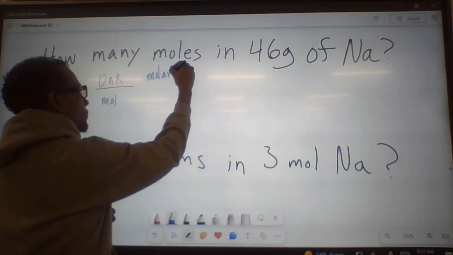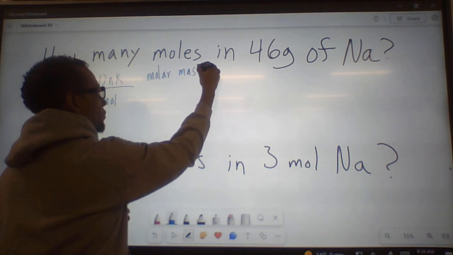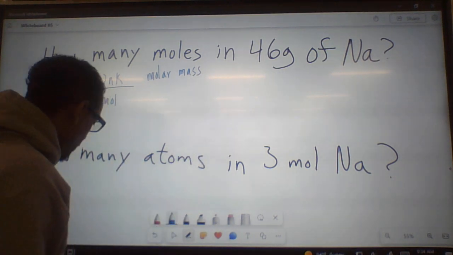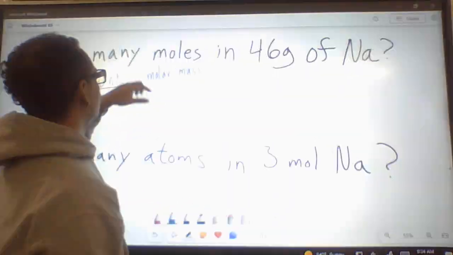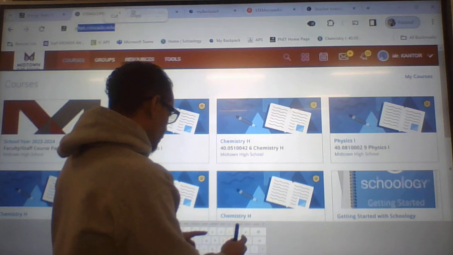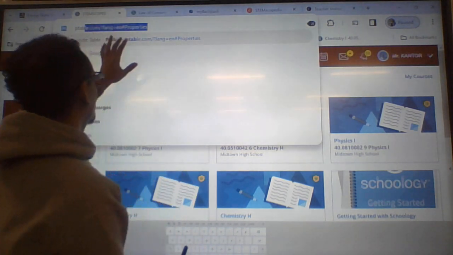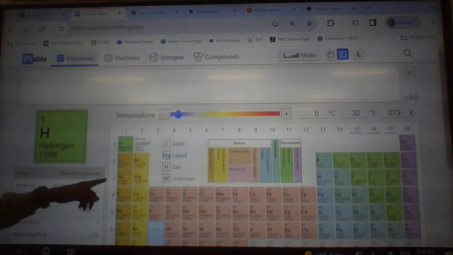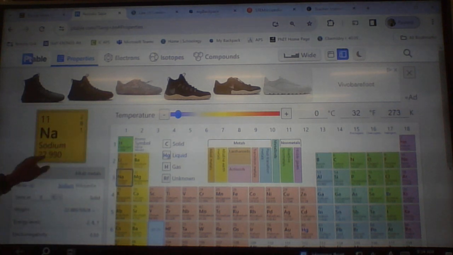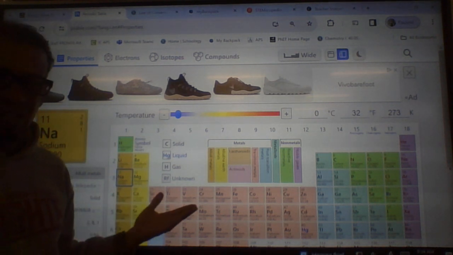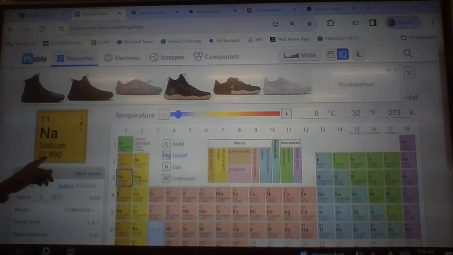If we take a second and look on the periodic table, sodium's mass is 22.99, but in science we pretty much say it's 23.